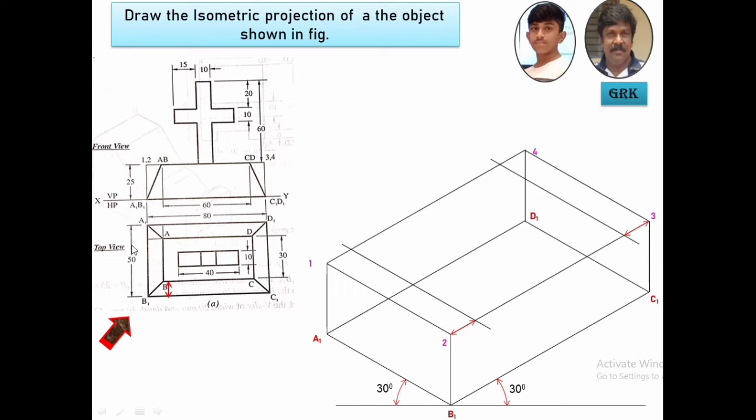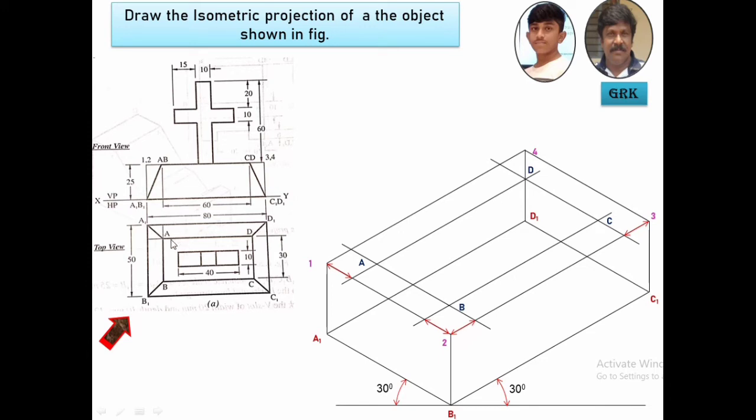It's given as 50 minus 30, you'll get 20, divided by 2, 10 on either side. So mark this length here and draw a line for that. Similarly, draw a line from the top view, and mark it on this side. Now you got the ABCD on the top surface.